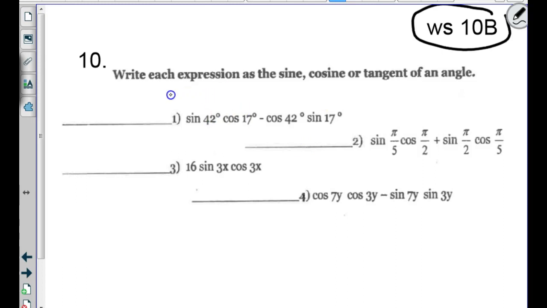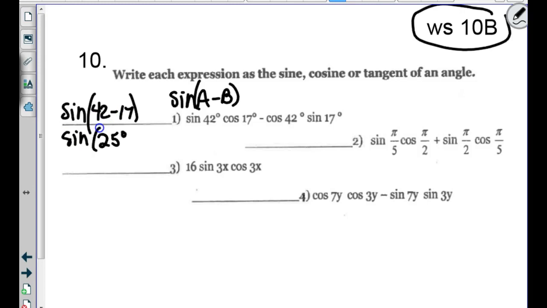It is what? Sine of A minus B. But what are A and B for this problem right here? 42 and 17. So sine 42 minus 17, which should simplify to sine of 25, and then just leave it.